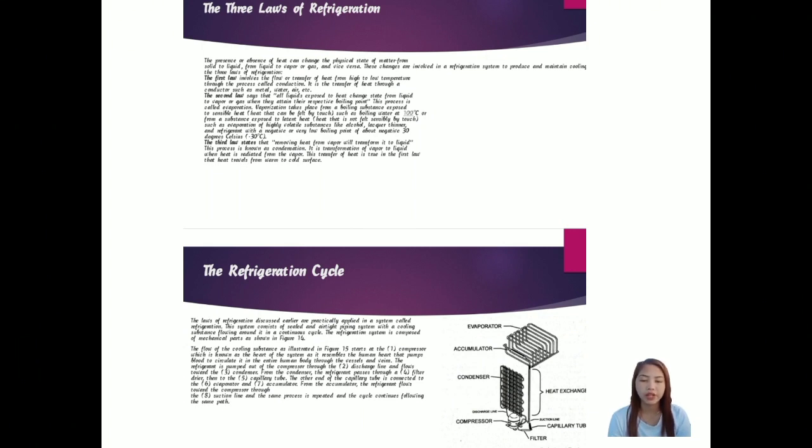The refrigeration system is composed of mechanical parts as shown in figure 14, the typical connection of mechanical parts of refrigerators, which are the evaporator, accumulator, condenser, compressor, discharge line, heat exchanger, suction line, capillary tube, and filter.